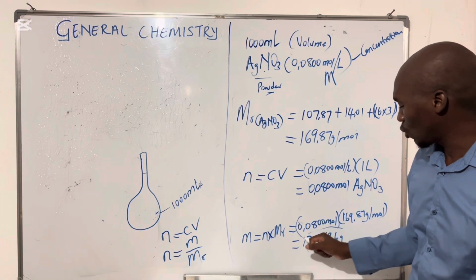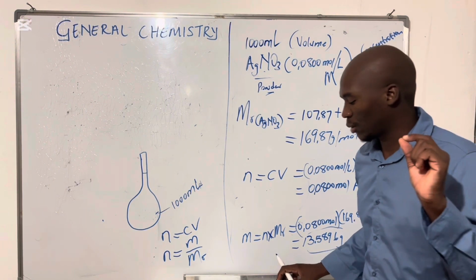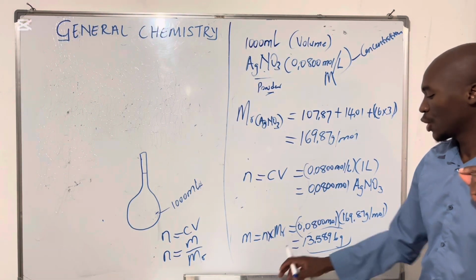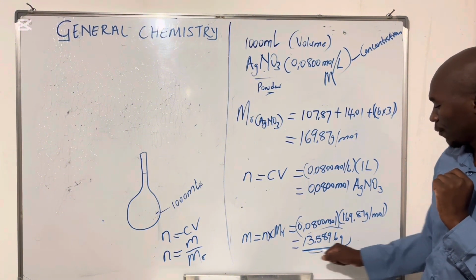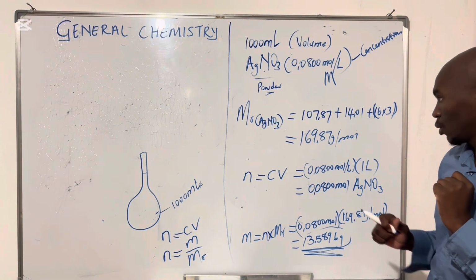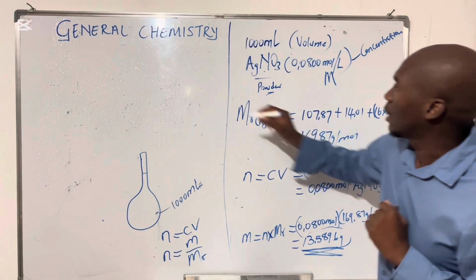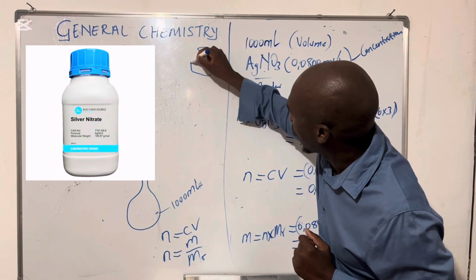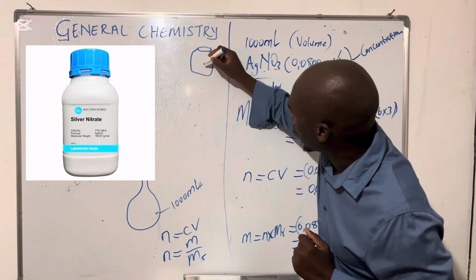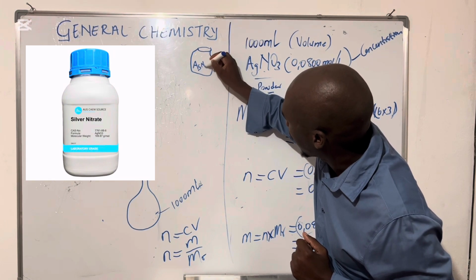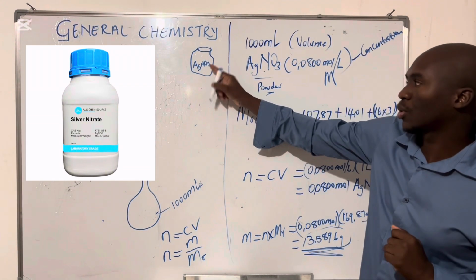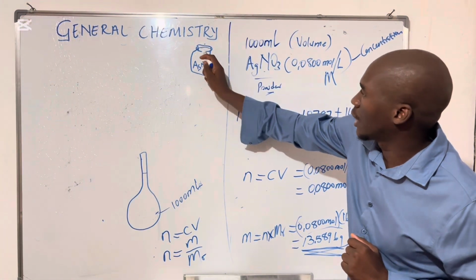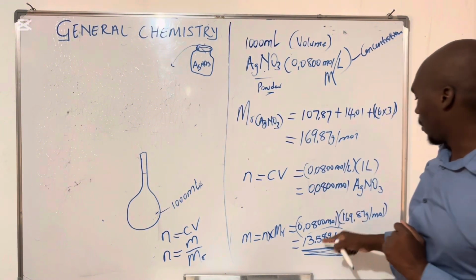Now, to answer the question, do not forget what the question was asking us. They want to know how we are going about preparing this solution. So this simply means that we are going to weigh this amount. Obviously, it will be in powder form, right? Let's assume this is the bottle that contained AgNO₃.